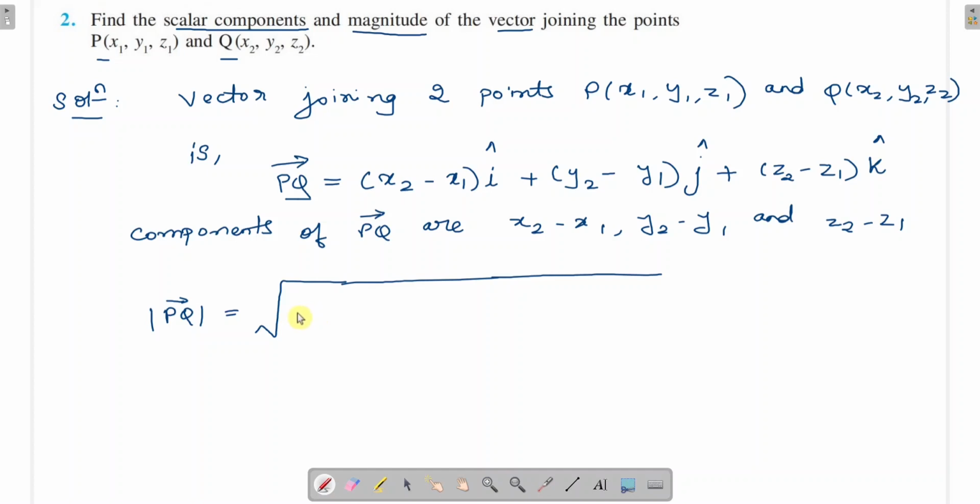So root of x2 minus x1 the whole square plus y2 minus y1 the whole square plus z2 minus z1 the whole square. So this is the answer.